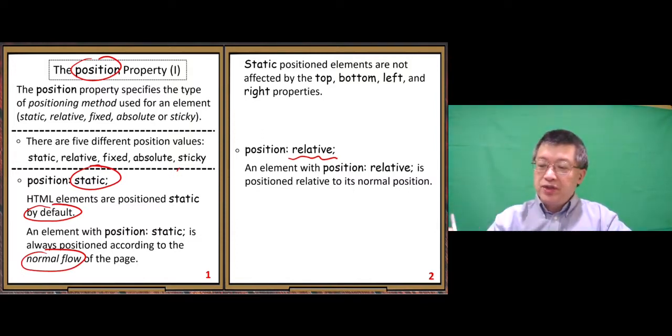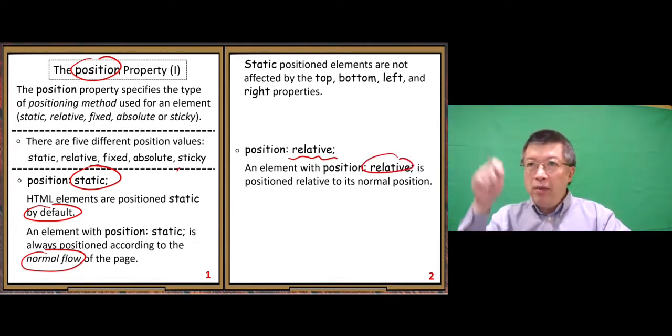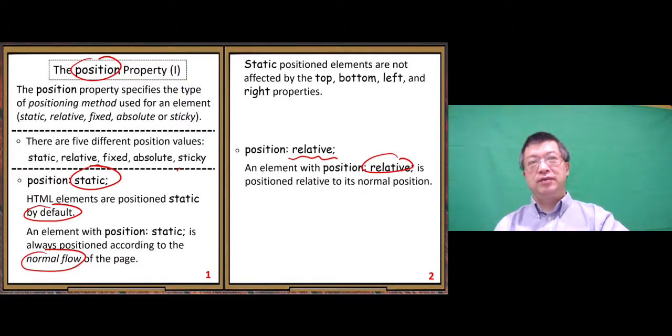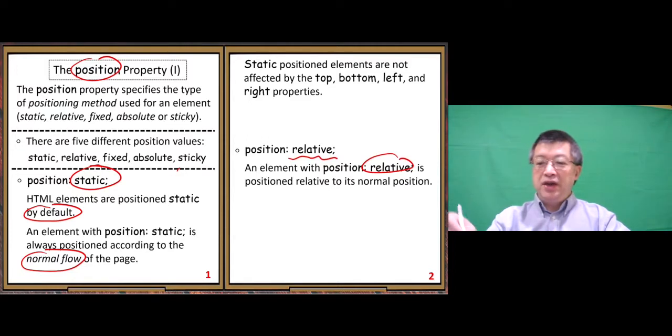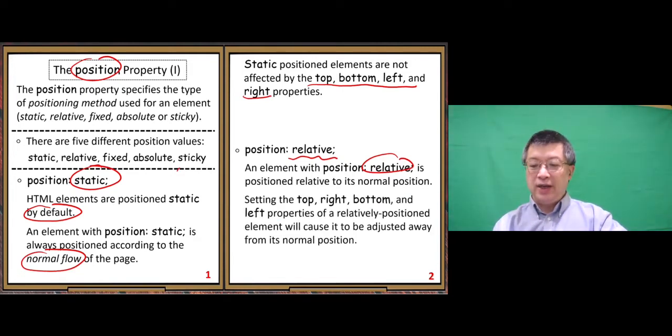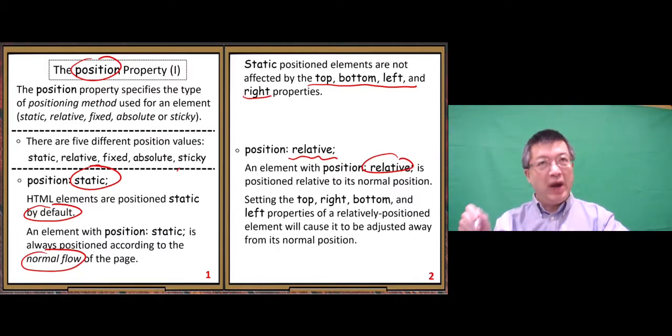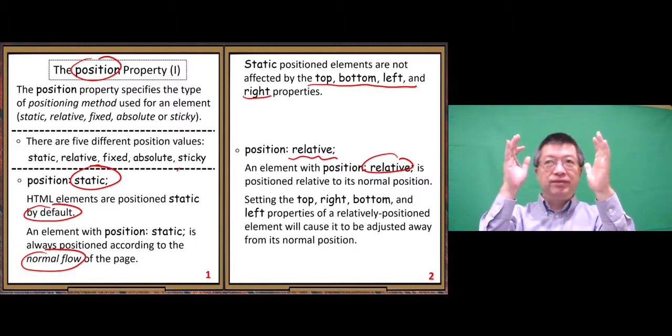Now, when you use relative, you can make an adjustment with respect to the normal position. That's easy to understand. You can use these 4 properties to make the adjustment. Setting the top, right, bottom, left properties of a relatively positioned element will cause it to be adjusted away from the normal position.